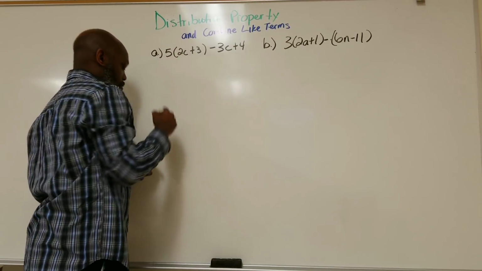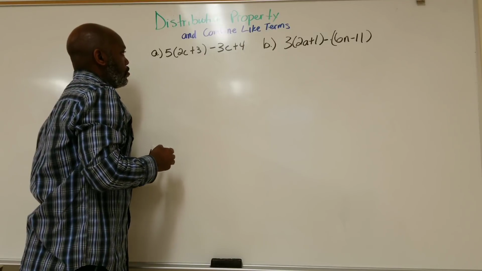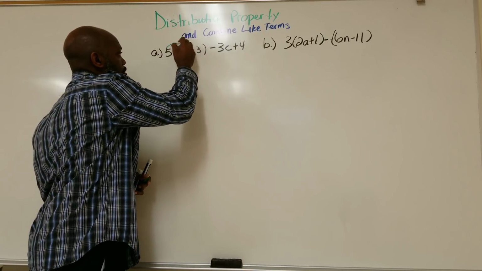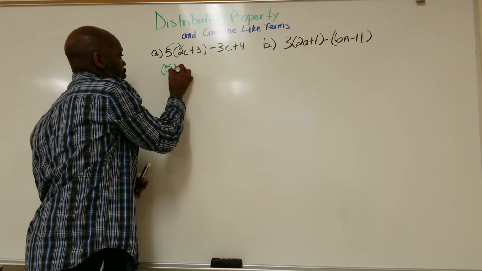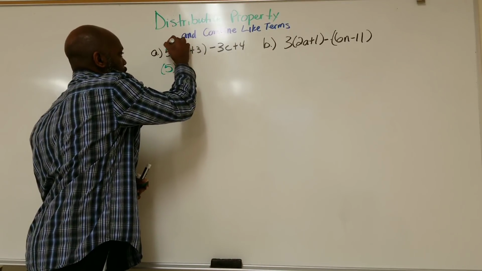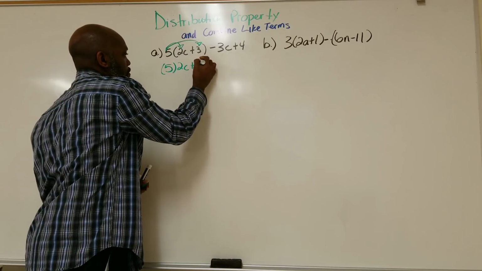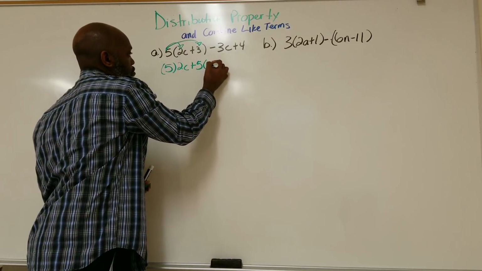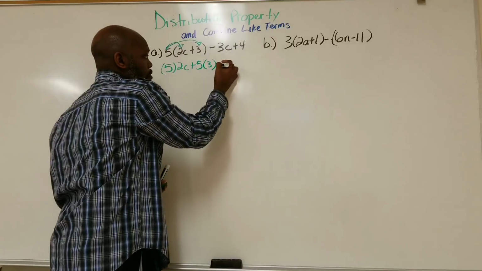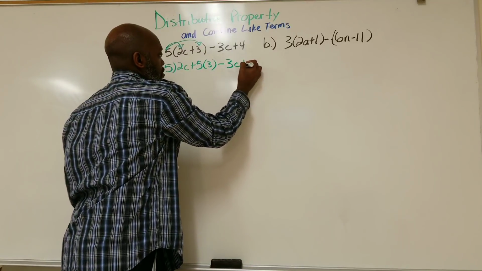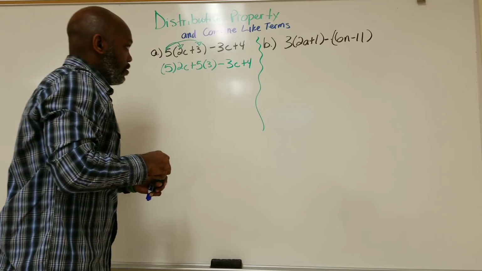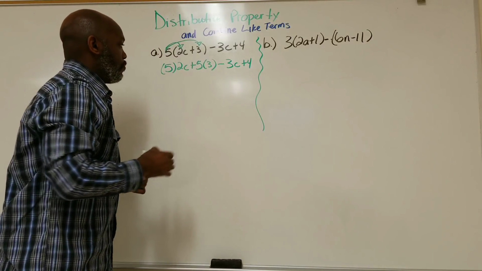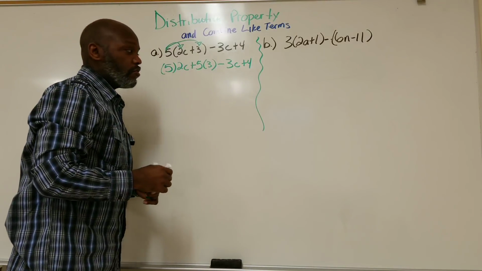So first things first, we're going to distribute 5 times 2c plus 5 times 3. We're going to subtract 3c plus 4. That's a separate problem. All right, so from here we're going to do order of operations, PEMDAS.